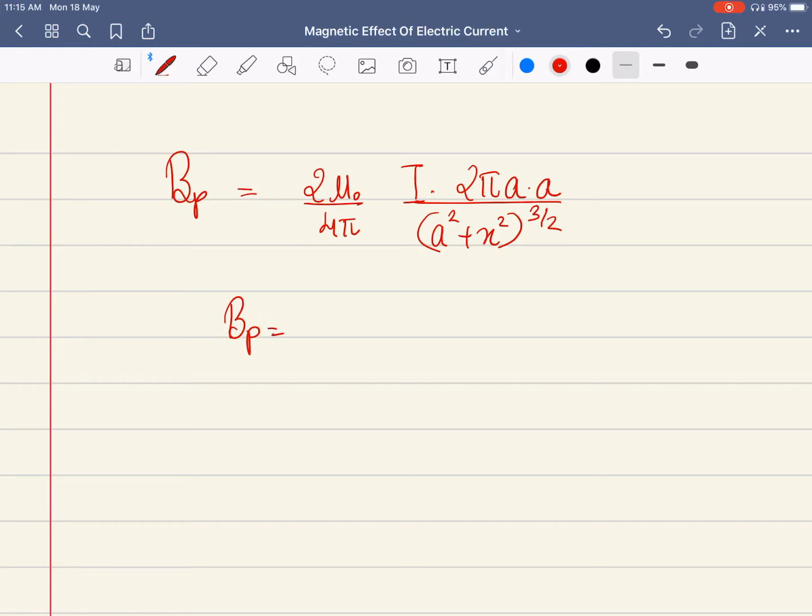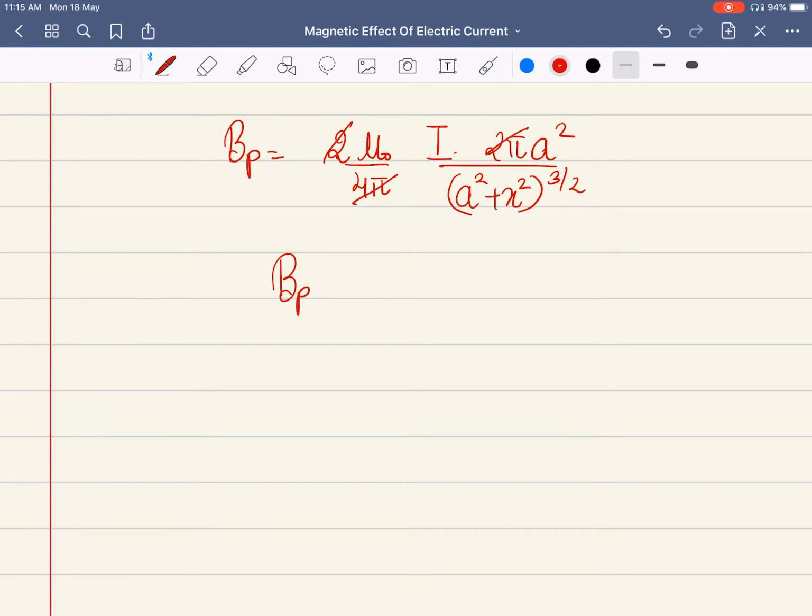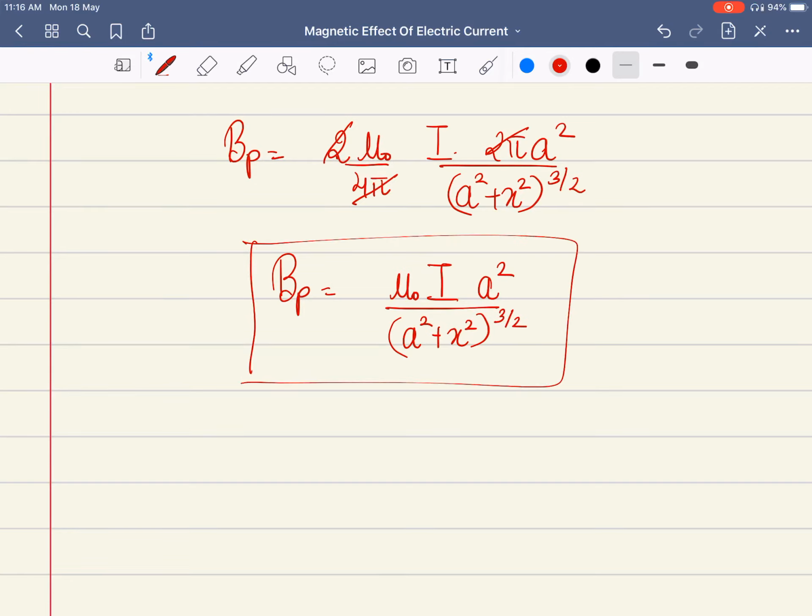So net magnetic field at point P is 2 into mu naught by 4 pi, I into 2 pi a square upon a square plus x square the whole raised to 3 by 2. So 2 gets cancelled. Okay, so what we get, the net magnetic field at point P, we write as mu naught I a square the whole upon a square plus x square the whole raised to 3 by 2. This is the net magnetic field produced at point P.